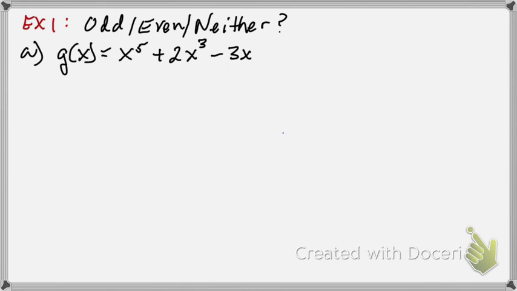We replace the x with negative x. So I'm looking at this, I'm saying y equals negative x to the fifth plus 2 times negative x cubed minus 3 times negative x. So every place there was an x, I'm going to replace that with negative x.